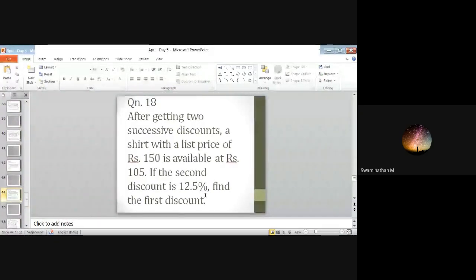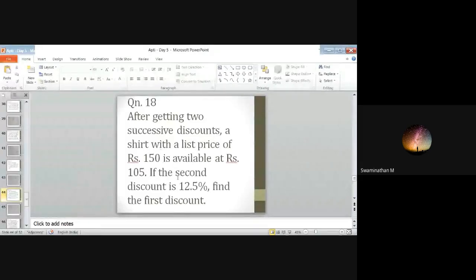So how to proceed? The value is 150. The first discount you don't know, let it be X. If X is the discount, it would be sold at 100 minus X%. For example, with a 5% discount, 95% of the amount will be the price. So 150 into 100 minus X% will be the price after the first discount.